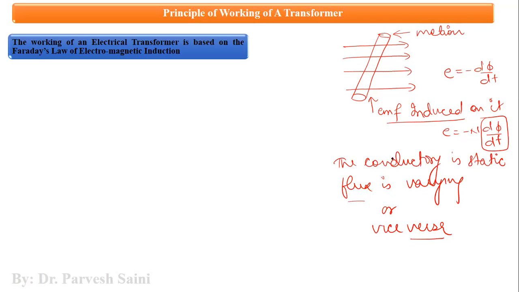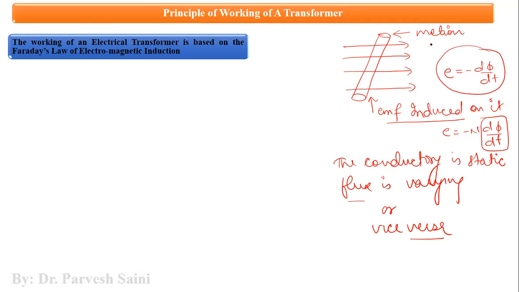That means the flux is static and the conductor has motion. In both cases, if there is a relative movement between the two components, the conductor and the flux, there will always be an EMF induced on that particular conductor. So this is what Faraday's law of electromagnetic induction states.